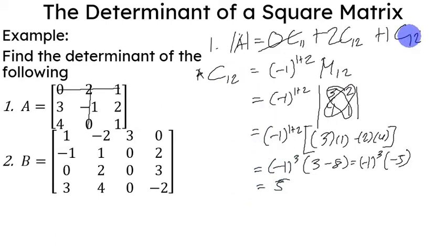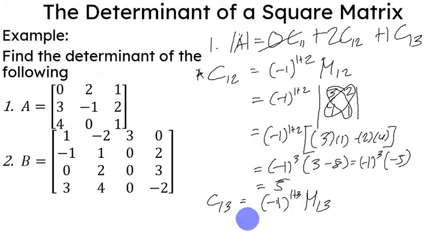Let's now look for our C sub, oops, not 1, 2. This is supposedly 1, 3. So let's look for that C sub 1, 3, which is negative 1 raised to 1 plus 3 multiplied to the minor 1, 3. So I'm looking for negative 1 raised to 1 plus 3 multiplied to the determinant of that one there. We remove that row and column, so we'll be left with 3, negative 1, 4, 0.